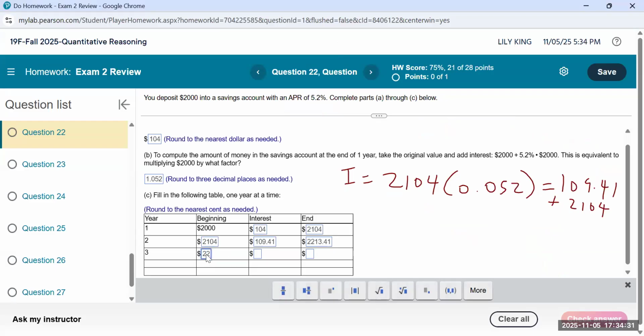So the ending balance for the second year becomes the beginning balance for year 3. So 2,213.41. Multiply that by 0.052 to get the interest. So the interest here is 115.10. And then you add that back to the beginning balance, which gives 2,328.51.